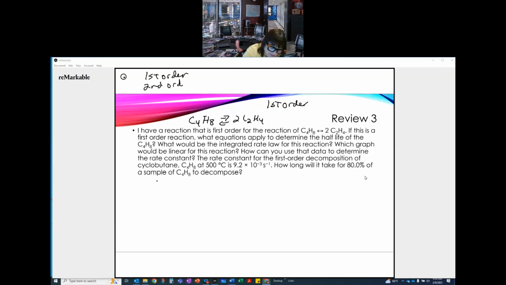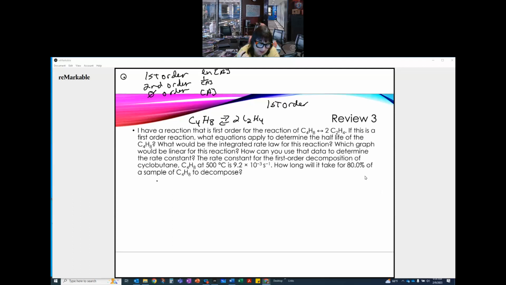First order is the natural log of the concentration. Second order is 1 over that concentration. And zero order is just concentration. Those are the linear plots that go with those.